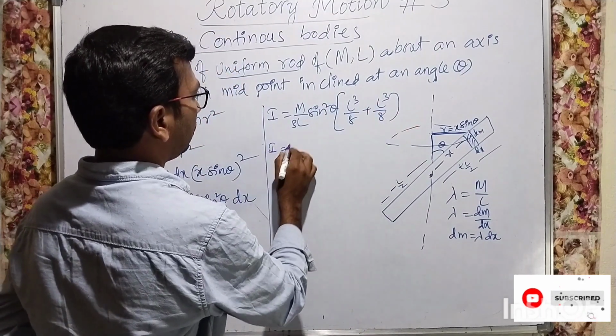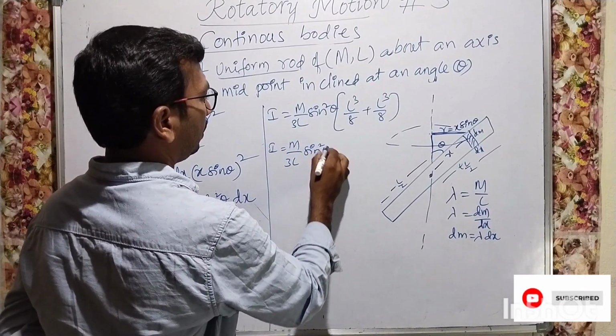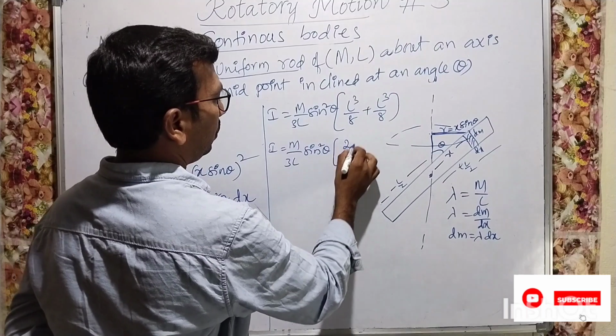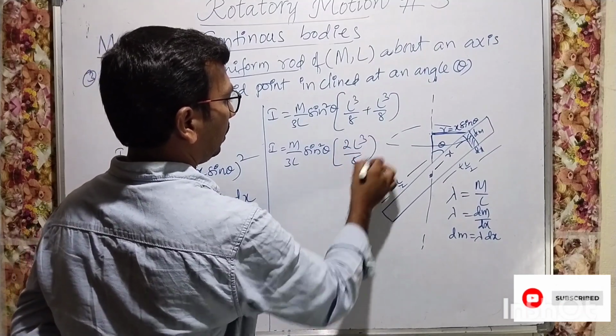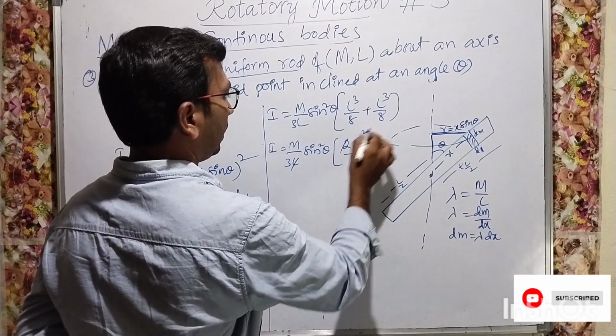So here I is equal to m by 3L sin square theta, here 2L cube by 8, 2 1 ja 2 4 ja, L cancels, so here L square.